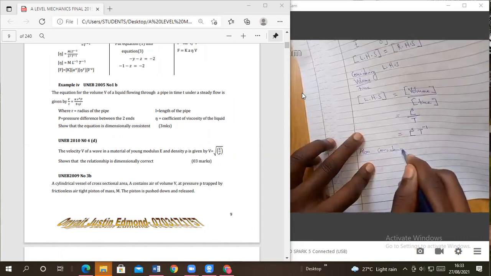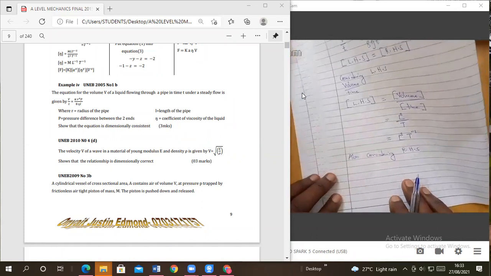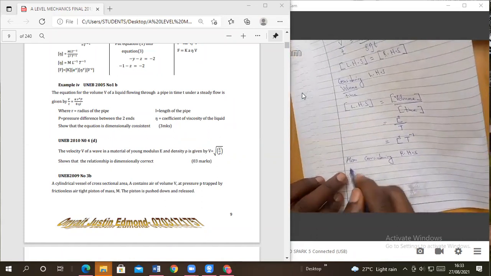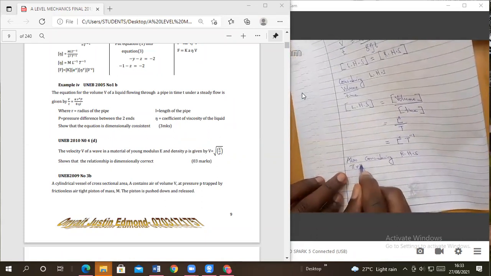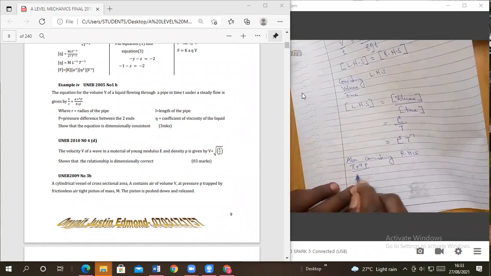Also, considering the right hand side, we have pi r to the power 4 P over 8 eta L. So there are so many things there.